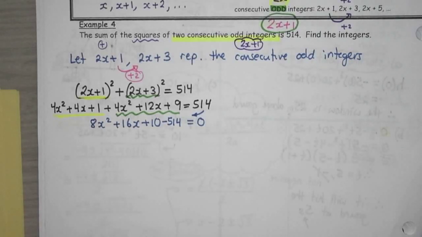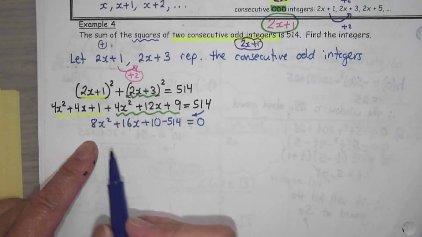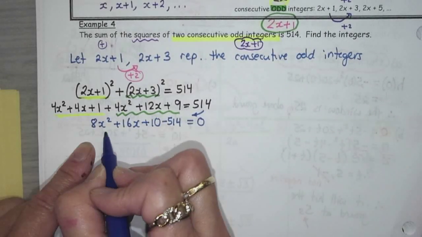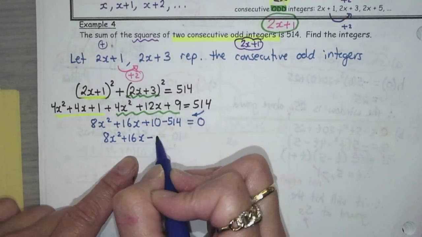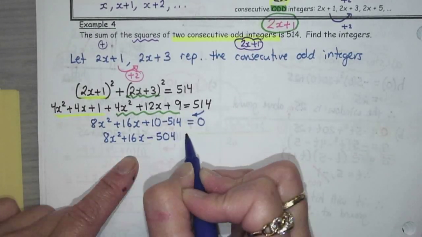Okay, next one. Keep going, so we're going to go 8x squared plus 16x, and that'll be negative 504.